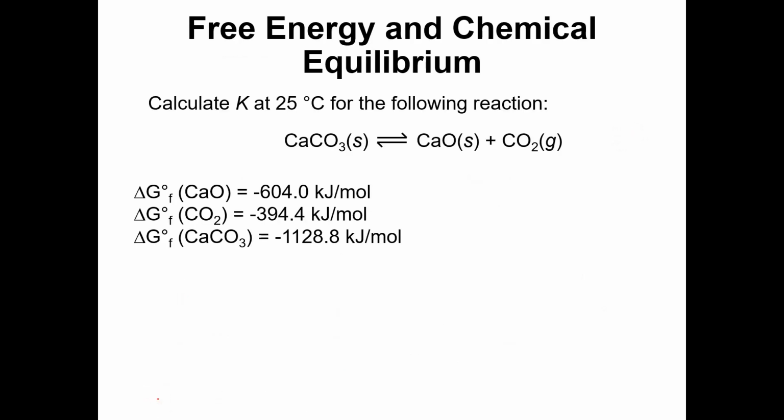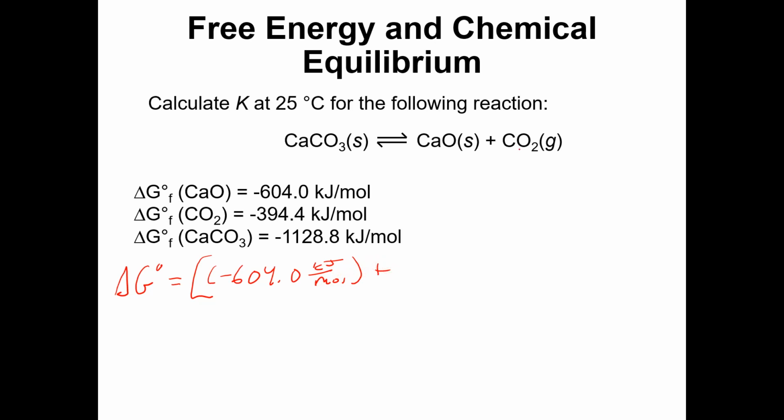So let's look at a couple of examples here where we have to use that equation. Calculate K at 25 degrees Celsius for the following reaction. We're given a reaction here and we're given delta G of formation for each of the compounds in this reaction. So delta G is equal to products minus reactants. Calcium oxide, there's only 1 mole of it, so we have negative 604.0 kilojoules per mole.